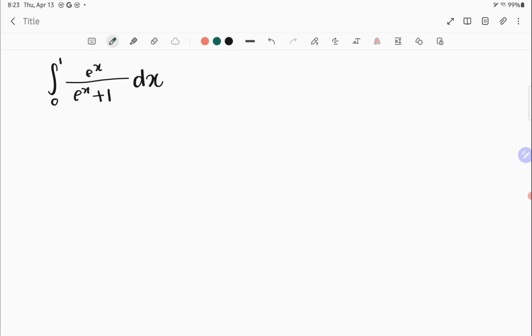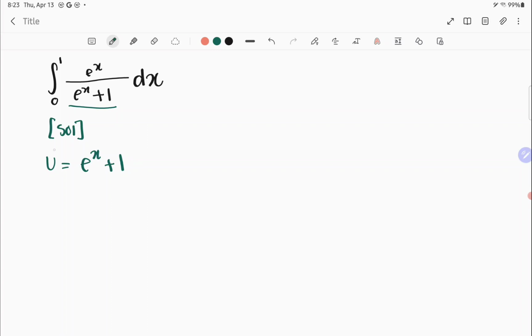So I gave you a little hint before, which was that you have to apply U substitution. So we know that we have to find a value of u. So let's say that u is equal to e to the power of x plus 1. Now, since we have introduced our u, we also have to introduce a du, and that's how we're going to integrate it.